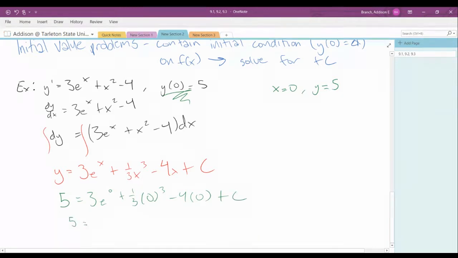So we have 3 times e to the 0 is 3, plus 0, plus c. Therefore, c is equal to 2. And our particular solution is going to be y is equal to 3e to the x plus 1/3 x cubed minus 4x plus 2.